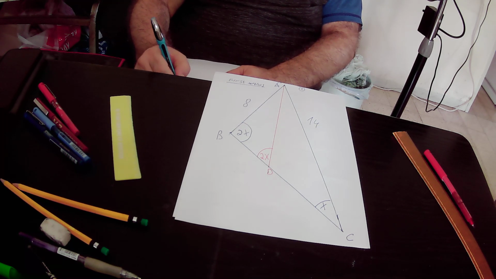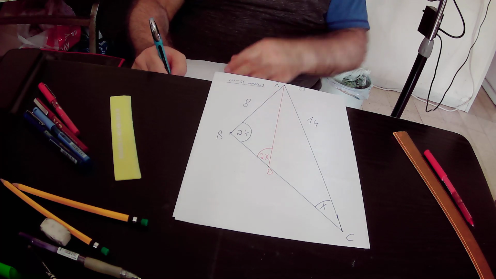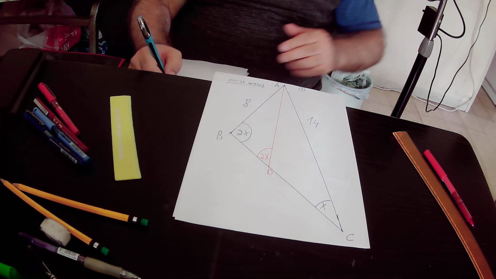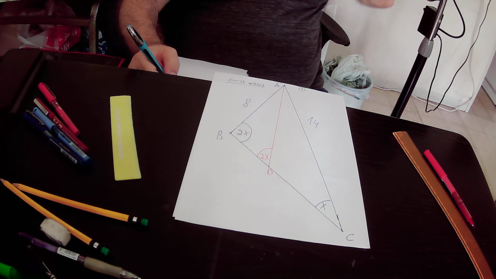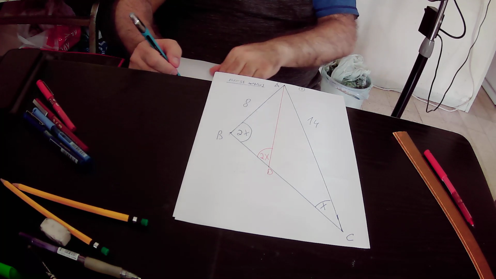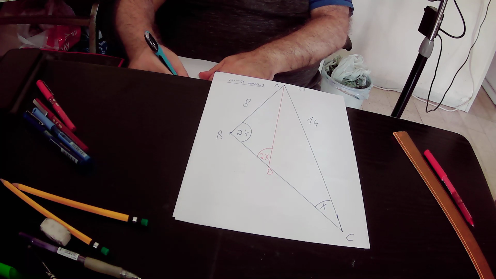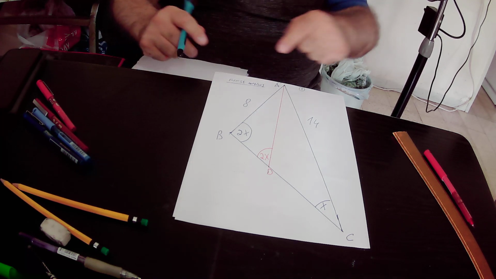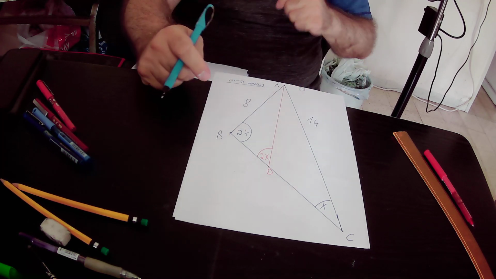In this triangle ABD we have two equal angles.